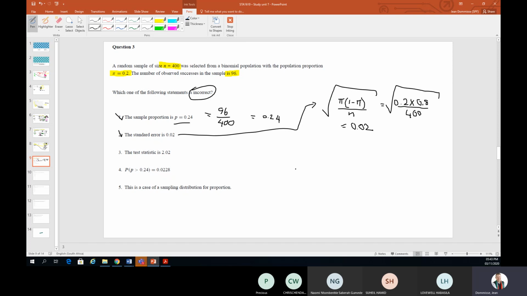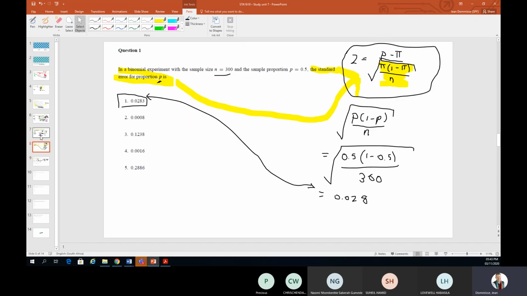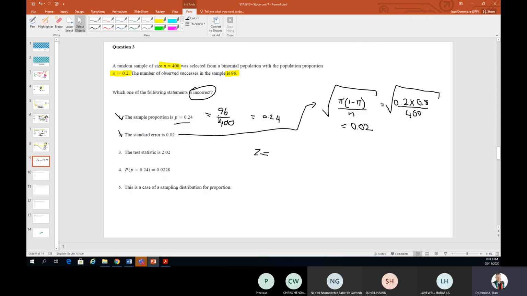So the test statistic Z is equal to, where was that? The sample proportion minus the other one. So let's quickly see. The sample one was 0.24 minus 0.2, divided by the standard error, which we have worked out already.